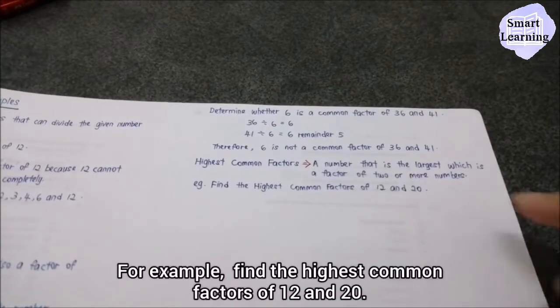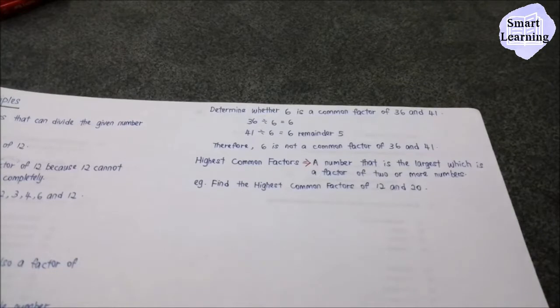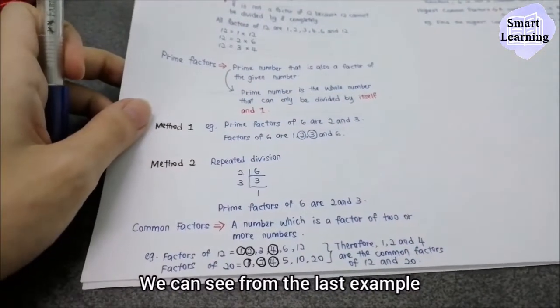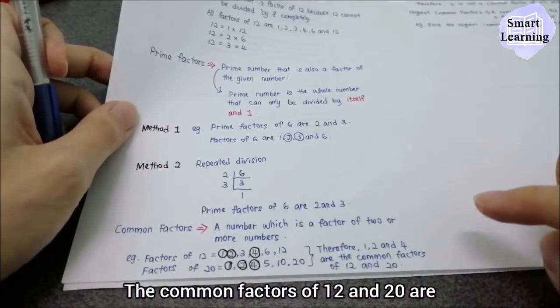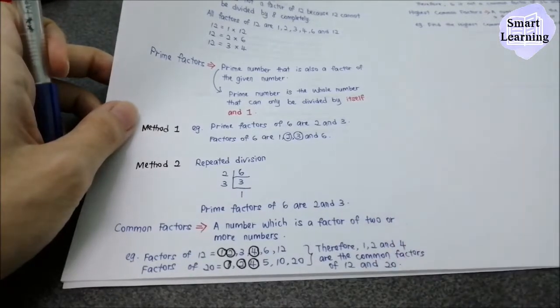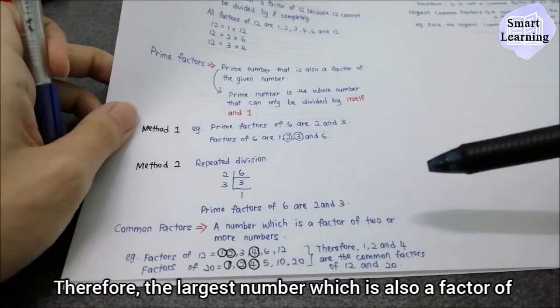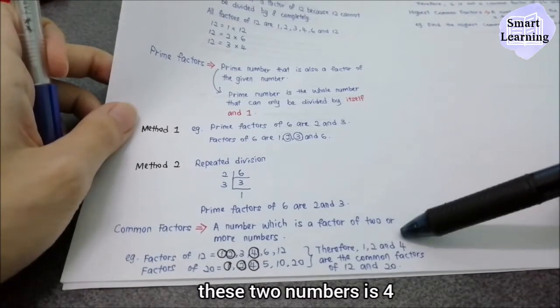Okay, for example, find the highest common factor of 12 and 20. From the last example, the common factors of 12 and 20 are 1, 2, and 4. Therefore, the largest number which is also a factor of these two numbers is 4.